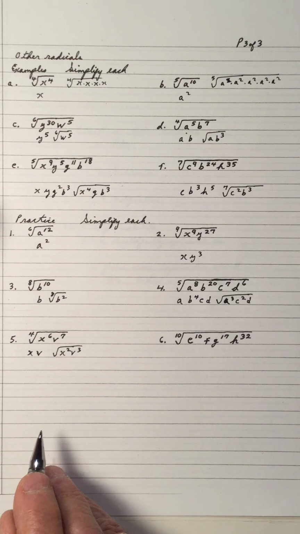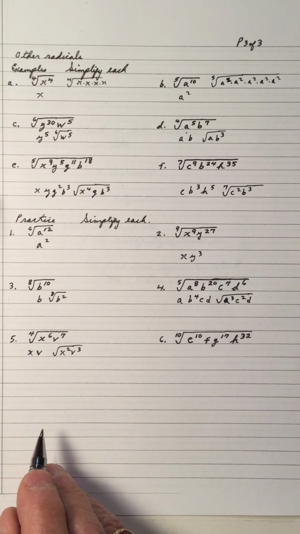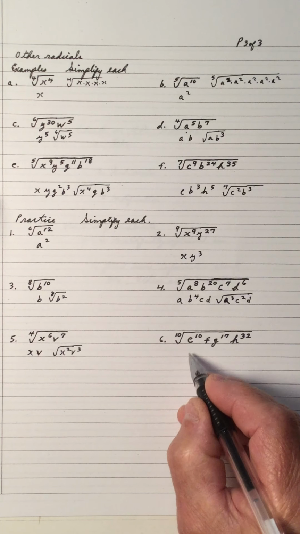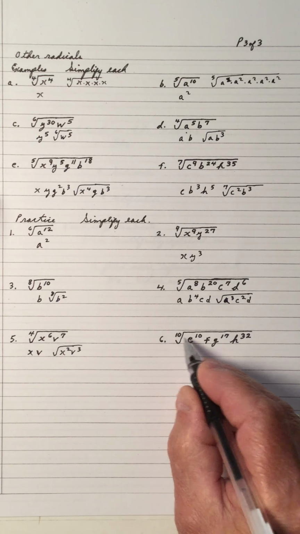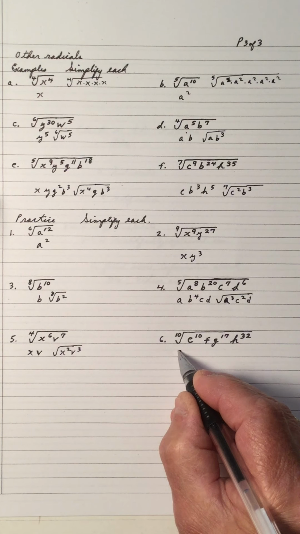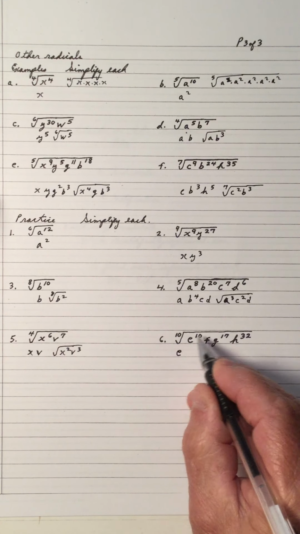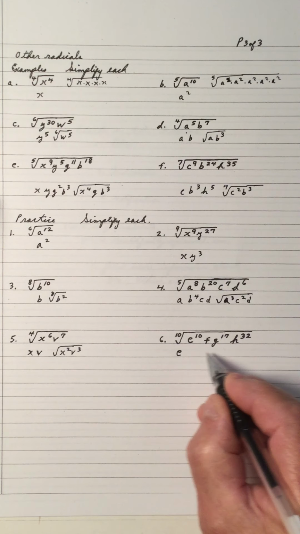10th root, we need 10 of them. Again, we're dividing the powers by 10. So we divide by 10. 10 divided by 10 is 1, so there's e to the 1 out. None left. That's a 1, so 1 divided by 10 we can't do it.